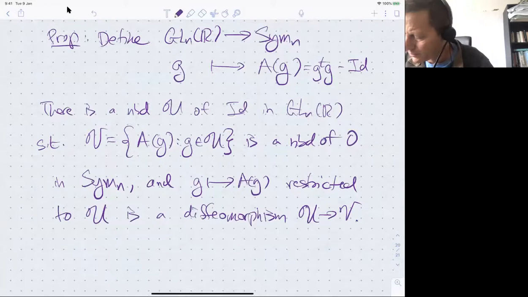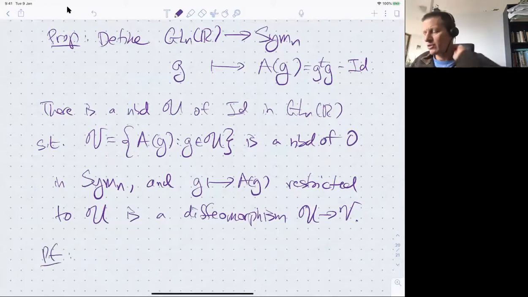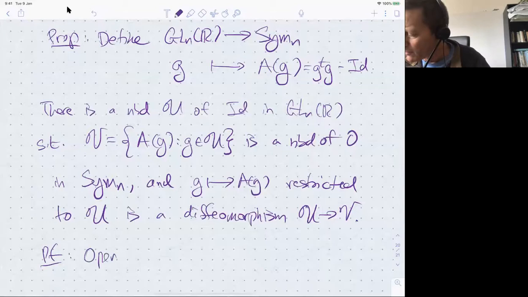And the proof, you've all seen this kind of statement before, even though maybe not in this terminology. This is just the open mapping theorem from Calculus 3. Well, maybe not all of you, but if you haven't, you should check out what the open mapping theorem says.